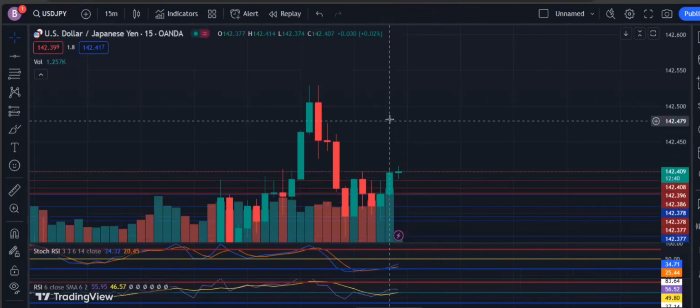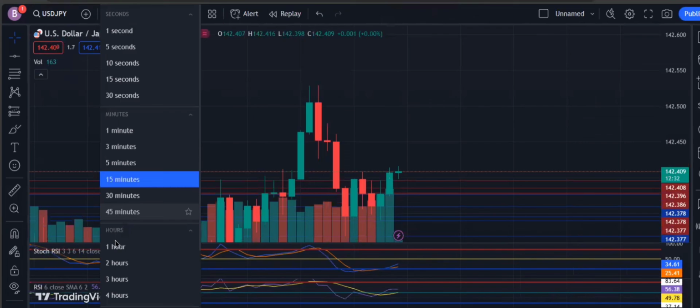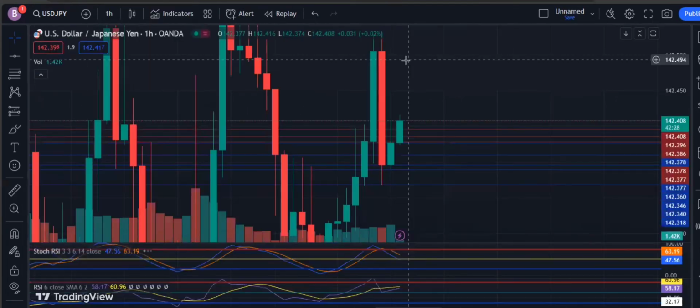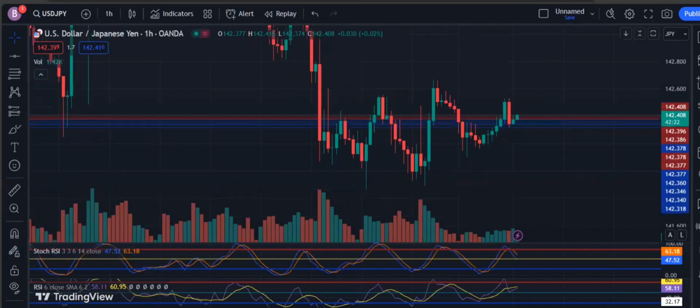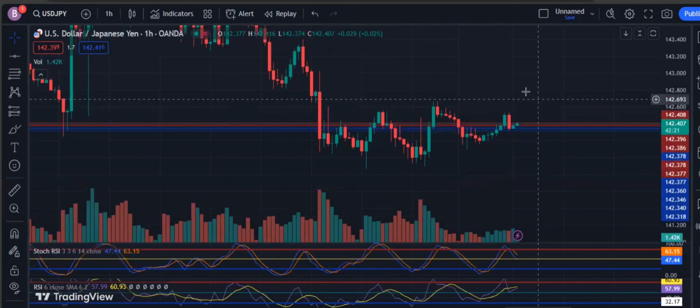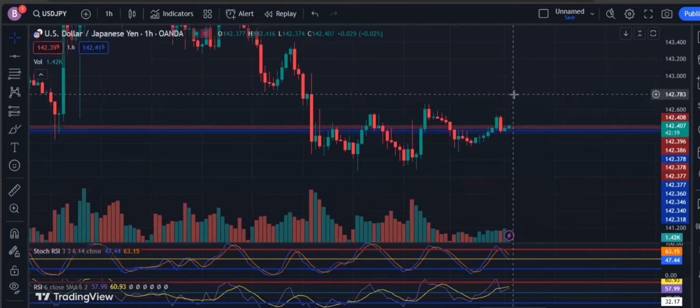Is it trending up or down? Is it ranging or is it choppy? Like I mentioned before, I use the 1 hour time frame to validate the trend of the financial market. So I use the 1 hour to know if the market is trending, ranging, or choppy, right? So it is very important.